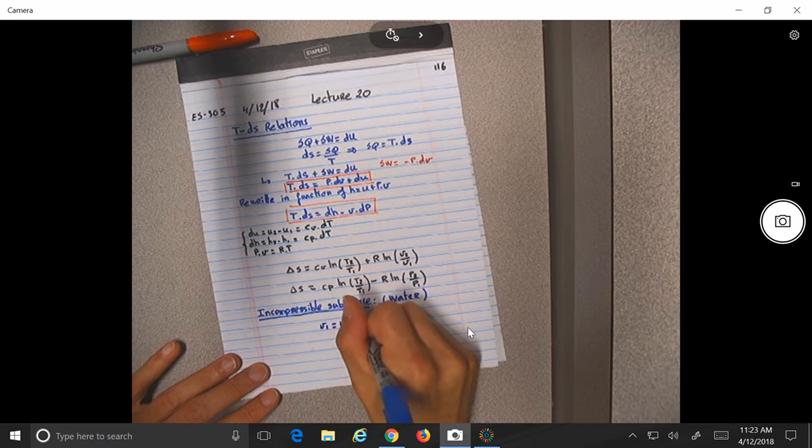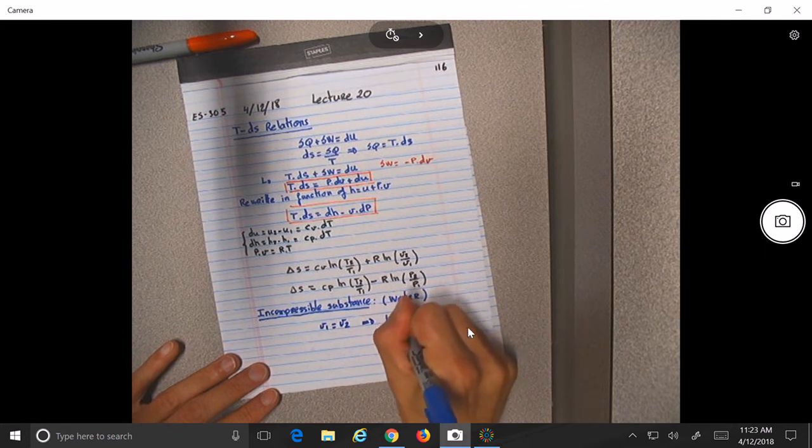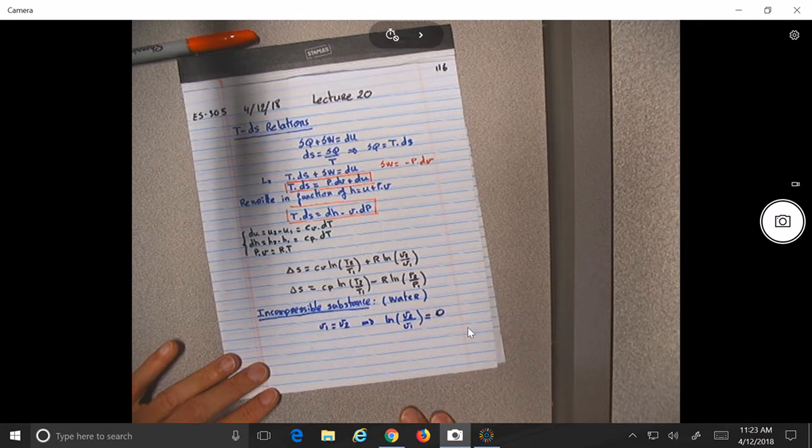So this will mean what? Log V2 over V1 will be equal to what? Log of 1, 0. Yeah?